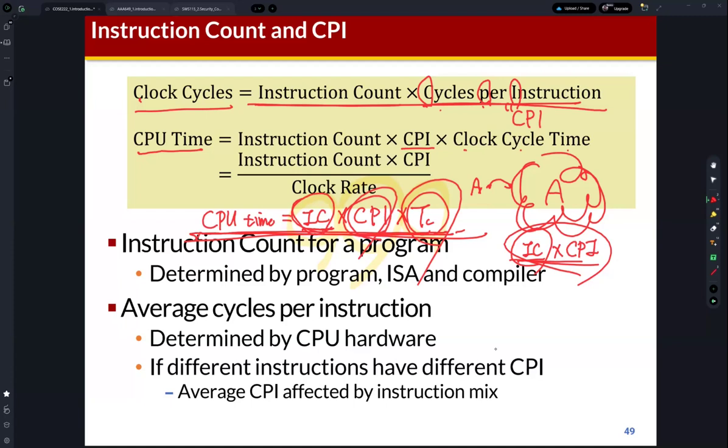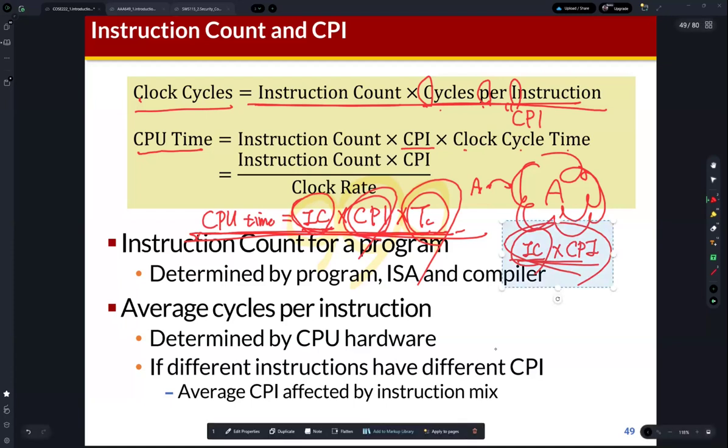Okay, so in a previous class I mentioned that if we make smaller transistors, then we can increase the performance. It means that a transistor works faster. So if we make a faster transistor, then we can reduce the clock period.